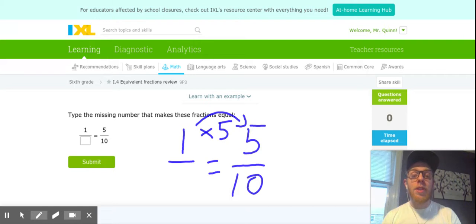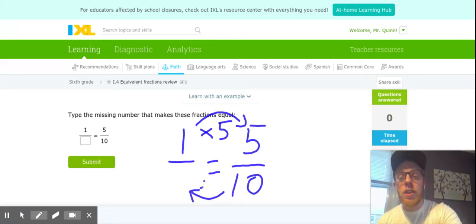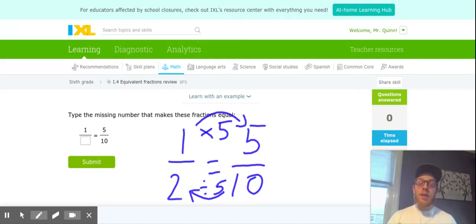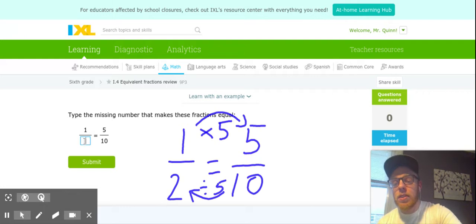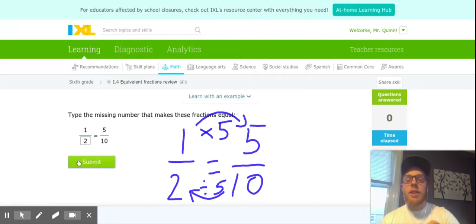Or I can do the opposite since I'm going in the other direction, and I can divide by 5. I can do 10 divided by 5 to get 2. Or I could have said, remember that first strategy, what times 5 equals 10? 2 times 5 equals 10. And then I can go ahead and type in my 2 and hit submit.